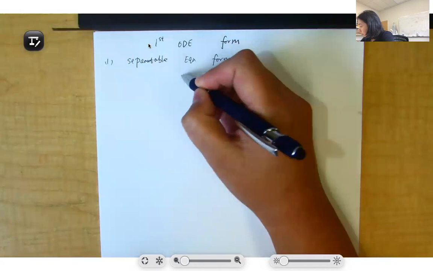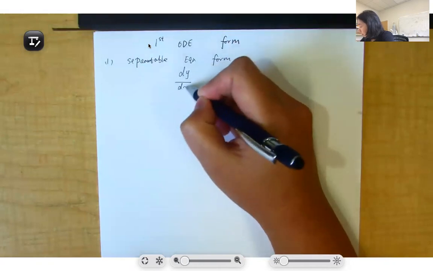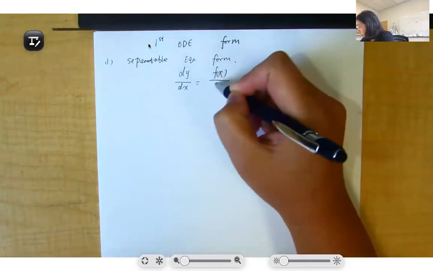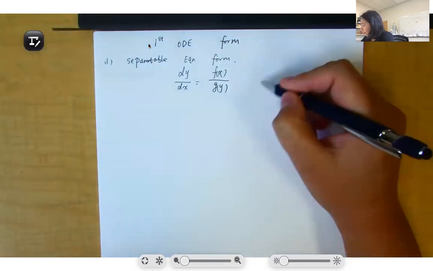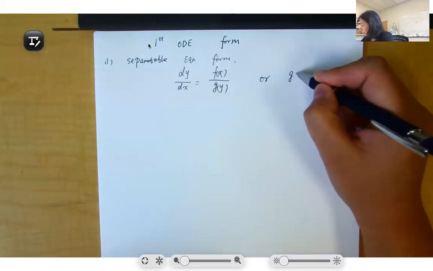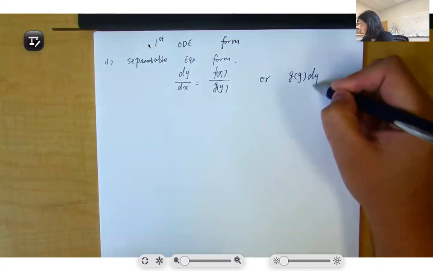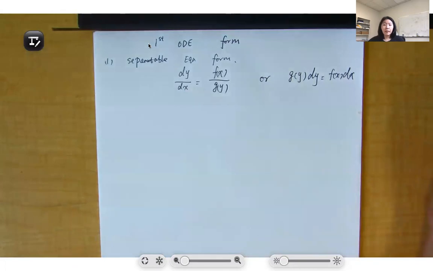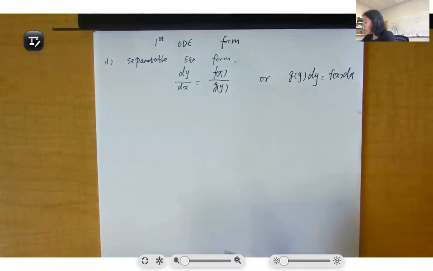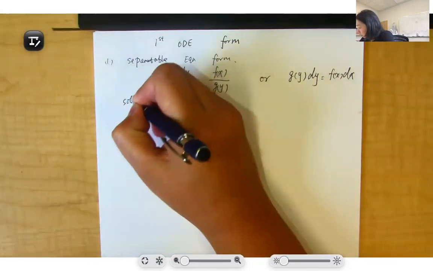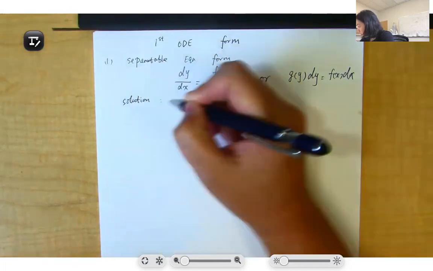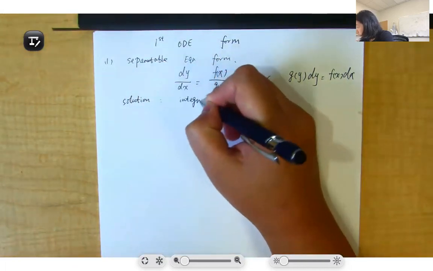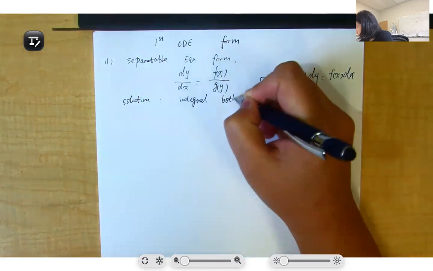We basically have dy over dx equals f(x) over g(y), or you can write it as g(y) dy equals f(x) dx. For the separable form, how do we solve it? We basically just integrate both sides. So for the analytical solution, just integrate both sides.